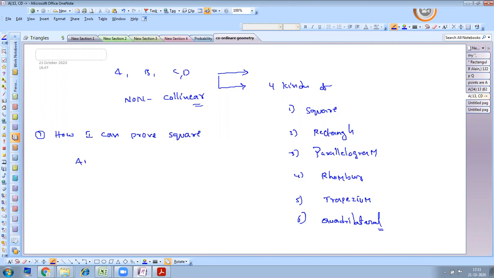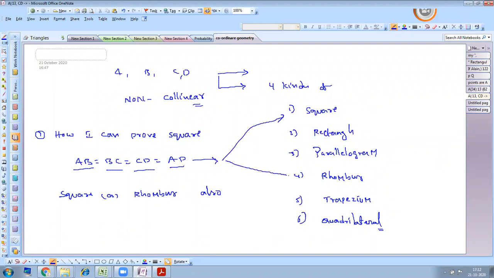That means AB is equal to BC is equal to CD is equal to AD, correct? Yes, sir. But when I prove all the sides are equal, it may be a square or it may be a rhombus also. So using this condition, I can find out whether it is a square or a rhombus.